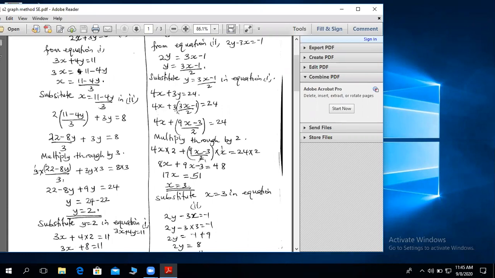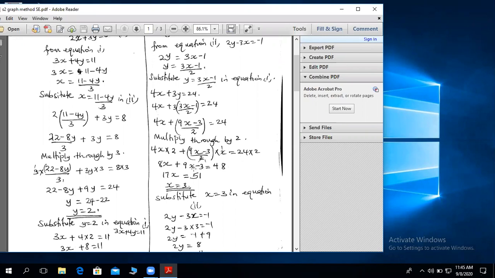First open the bracket: this is the whole number, and you multiply it by the numerator, it becomes (9x minus 3) out of 2. Then multiply through by 2 to eliminate this fraction. These 2 cancel here, and this becomes times 2, which is 8x. Then times 2, it becomes 48 across.